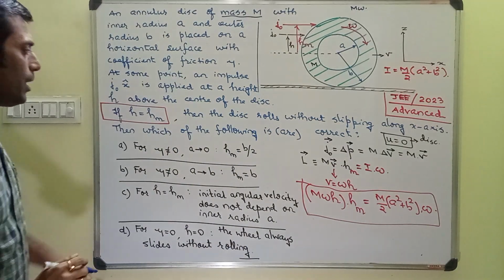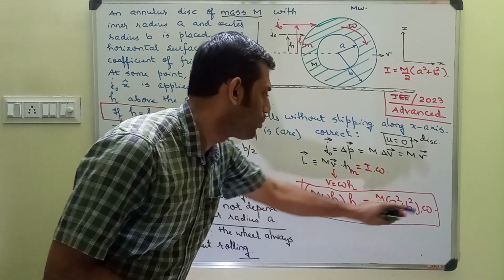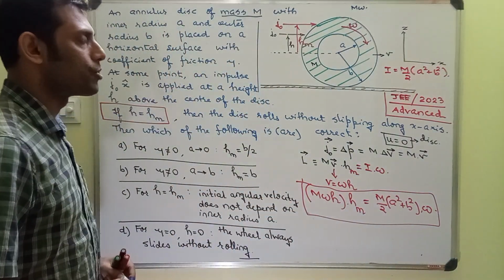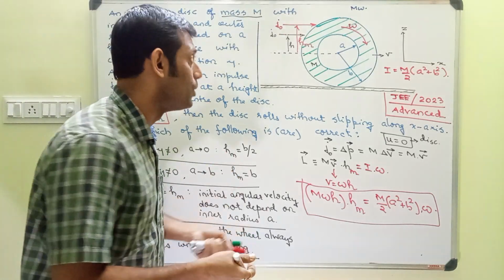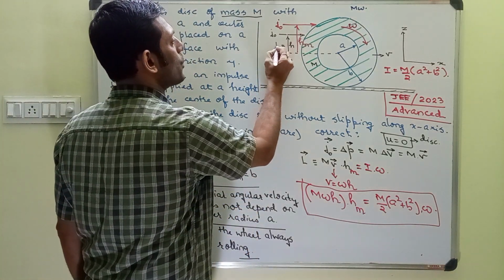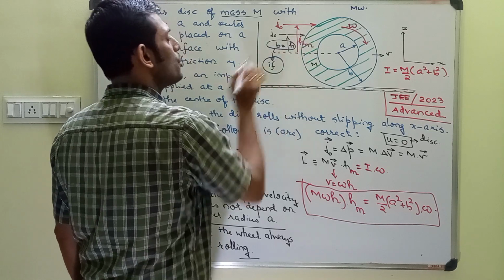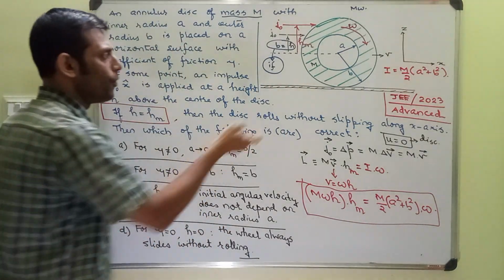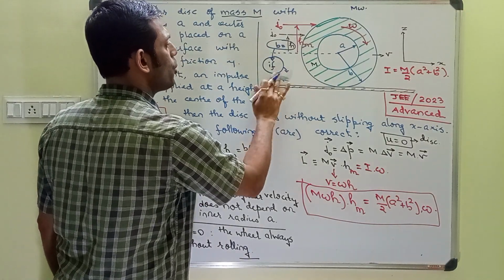Now, let's say a tends to 0, this will become 0 and it will be m by 2 b square. But what about this h? Let's say we apply the maximum impulse value. That is, if h becomes equal to b, I am using this condition for J naught maximum.